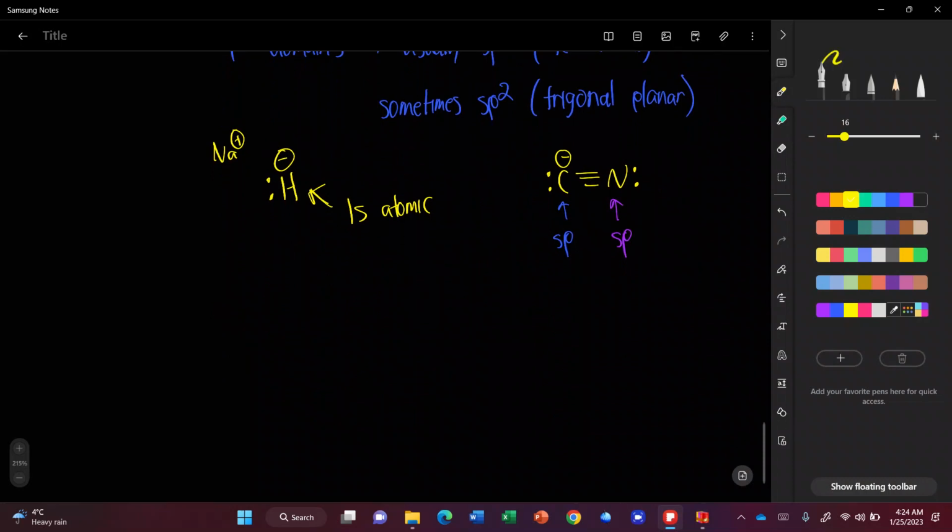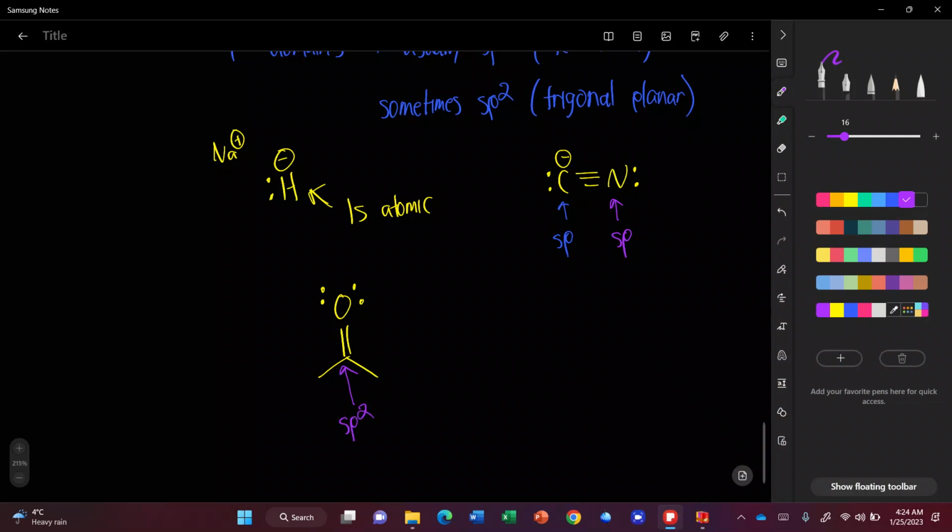I already kind of showed you this one, but let's do my favorite nail polish remover. Let's do the hybridization of the central carbon. This carbon has one domain, two domains, three domains. Therefore, the central carbon right there is going to be sp2.